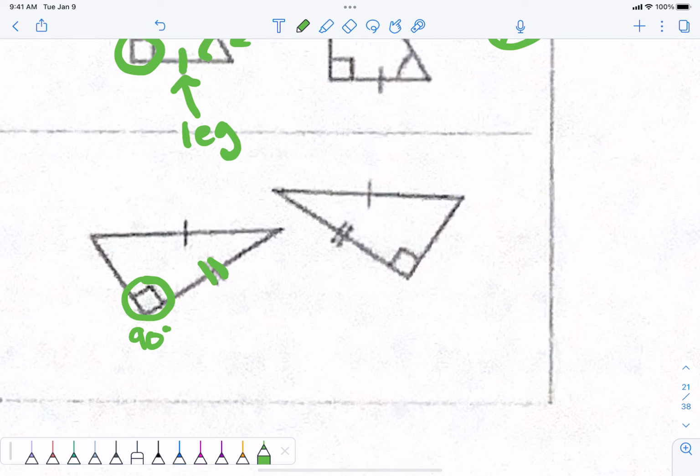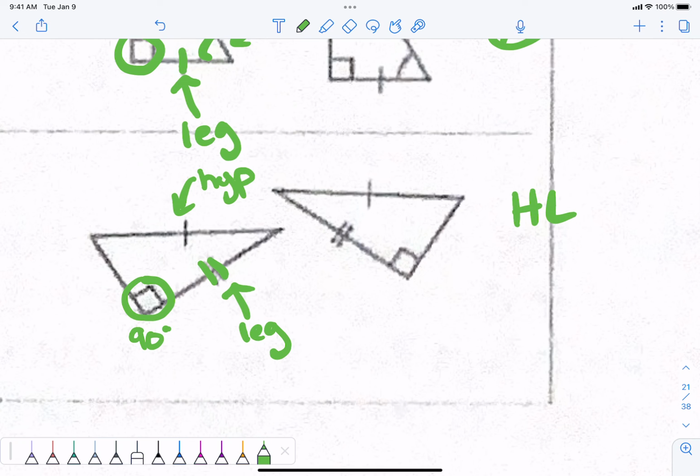And we have this guy, which is a leg, and this guy is a hypotenuse, okay? Now, this is hypotenuse leg, is what they call it. So we have to work for the hypotenuse and work for the leg. But what is this one? Angle, side, side. It is angle side side. What?